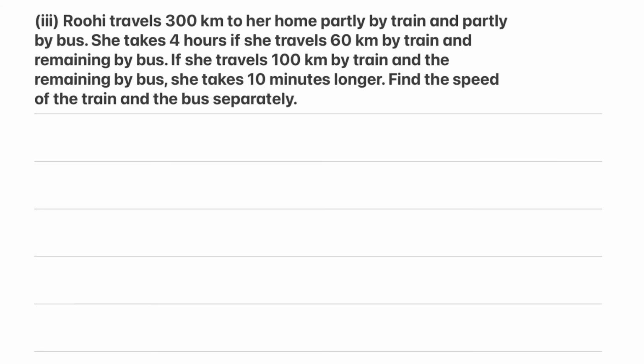Third part, it says Ruhi travels 300 km to her home, partly by train and partly by bus. She takes 4 hours if she travels 60 km by train and remaining by bus. If she travels 100 km by train and the remaining by bus, she takes 10 minutes longer. Find the speed of the train and the bus separately.